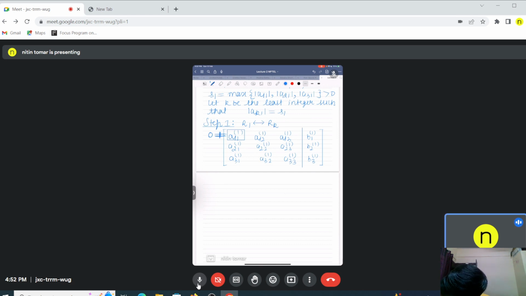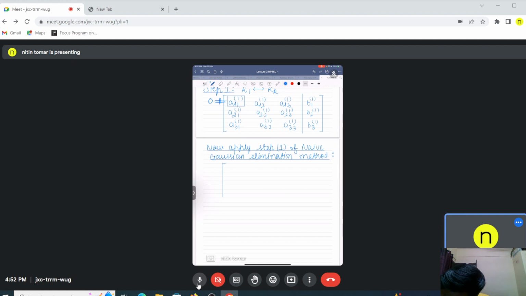So now apply step 1 of the naive Gaussian elimination method. Is this clear? Again you will get some matrix.